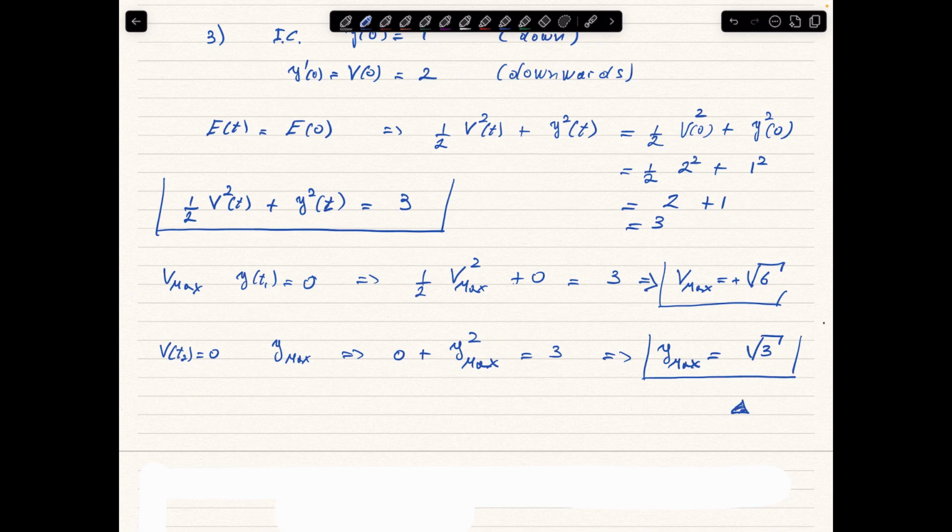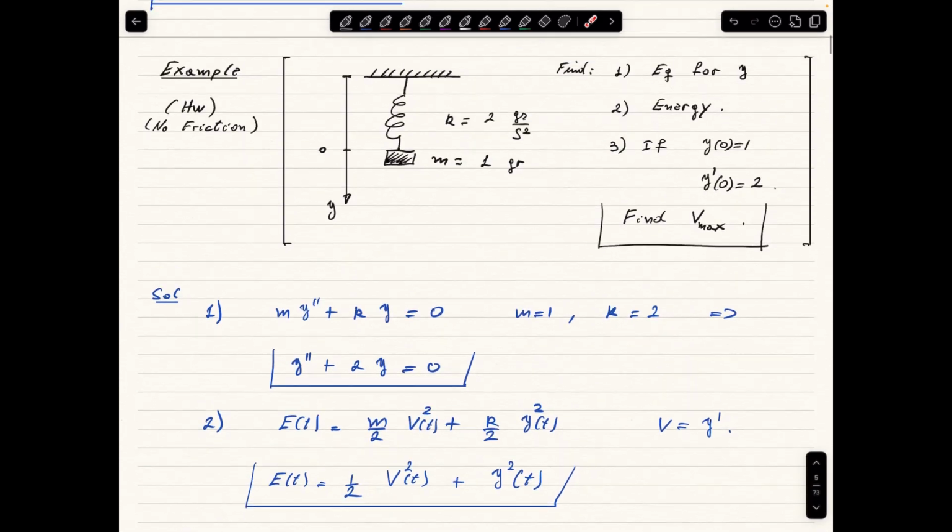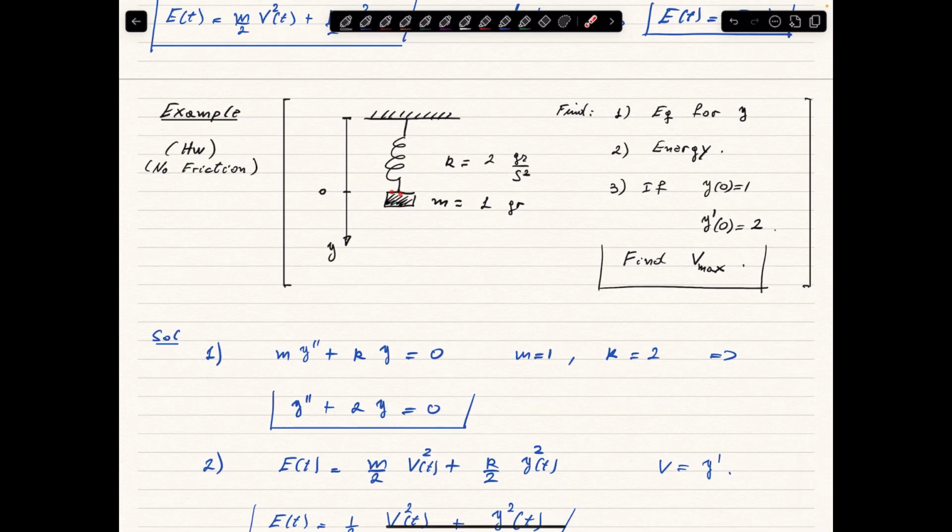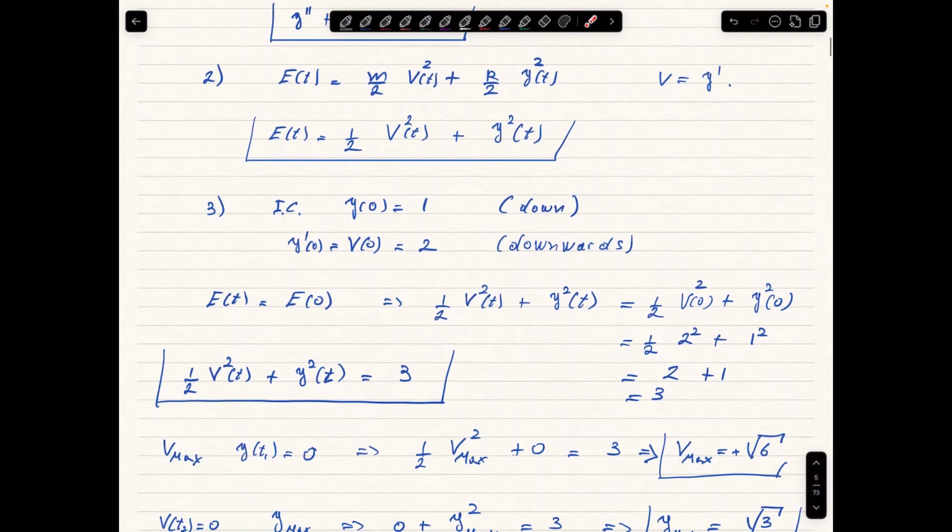Notice that these problems have physical meaning, so it is reasonable that the maximum velocity is going to be when the displacement is 0, when the spring is moving through equilibrium. At that point, the spring has the maximum velocity upwards or downwards, when it is passing through the rest position, which is y equals 0.